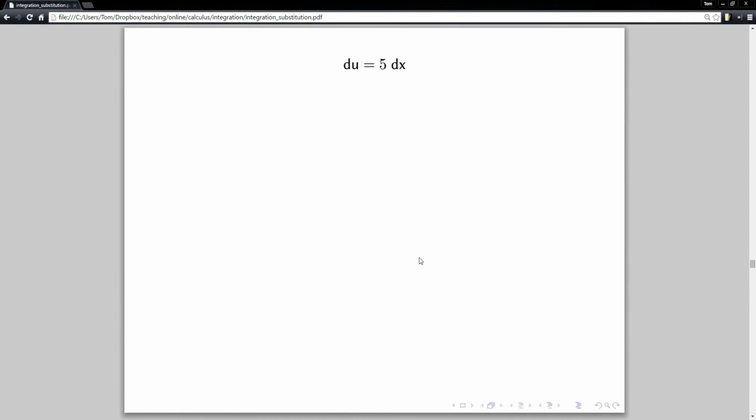All right, so du equals 5 dx. I noticed in my problem that I only have dx in there. And so what I'm going to do is multiply both sides of this equation by 1/5. Over on the right-hand side, 1/5 times 5 will cancel each other out and give me a 1. So now what I have is dx exactly equal in terms of u over here.